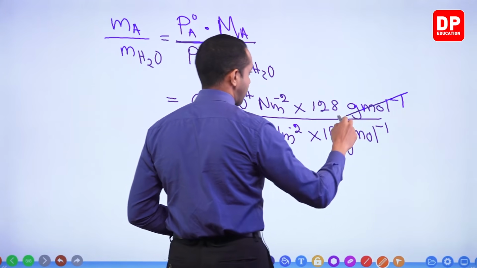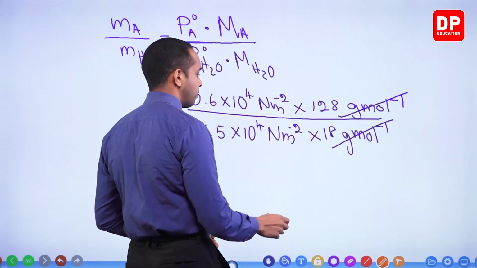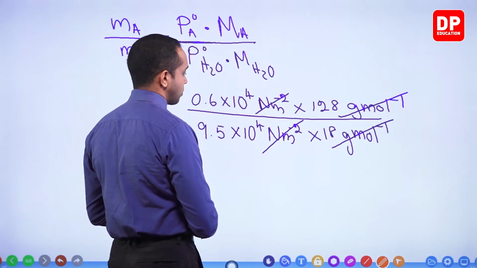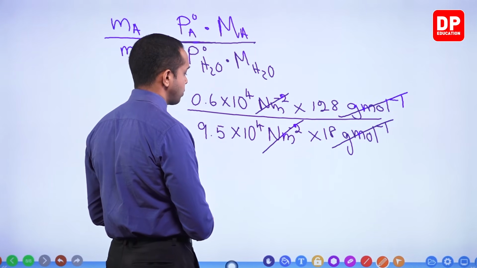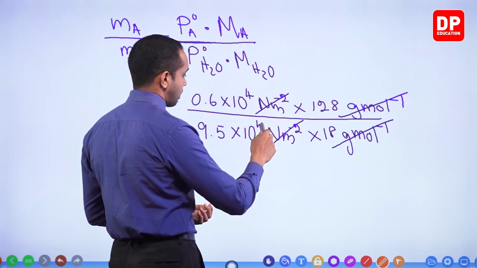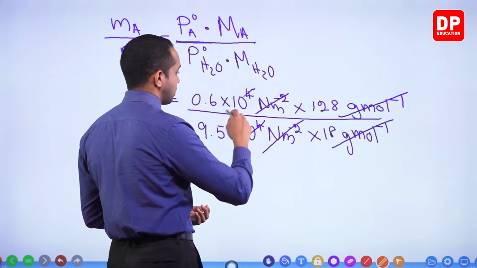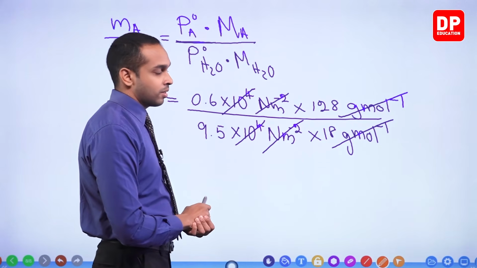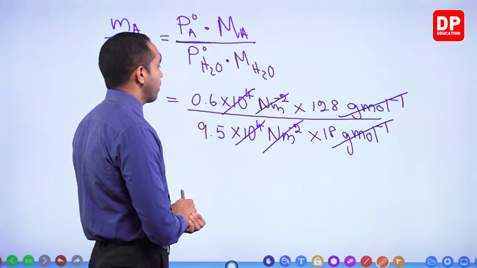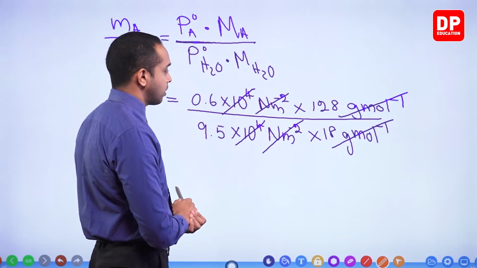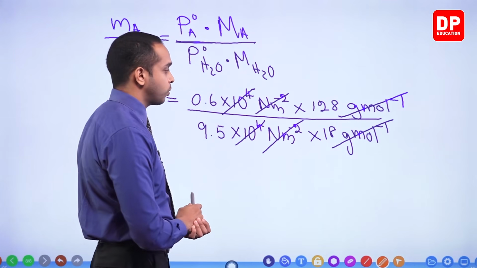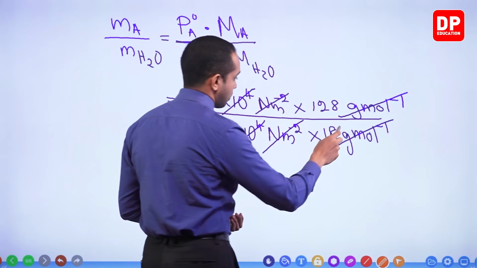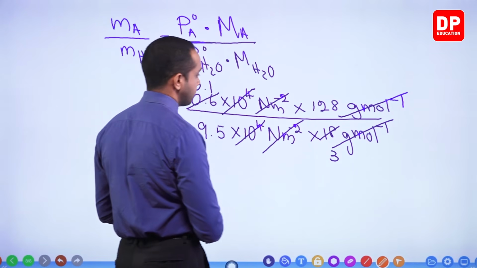We can see grams per mole cancel off, and here Nm minus 2 cancels off. Apart from that, students, you can also observe that 10 to the power 4 on each side cancels off. So right now we are left with only these terms. If you proceed to solve them, you would see this cancels off, leaving behind only a 3 here.